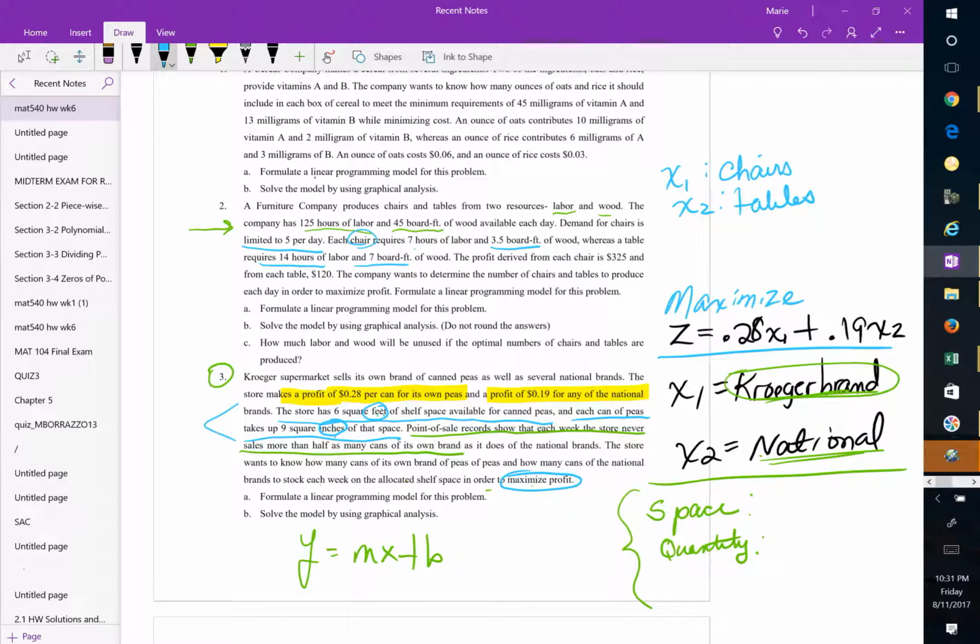Okay? They're also then telling you the actual maximization right here, because they're telling you how much you're going to make per chair and per table. The company wants to determine the number of chairs to produce in order to maximize profit, so it's a maximization.